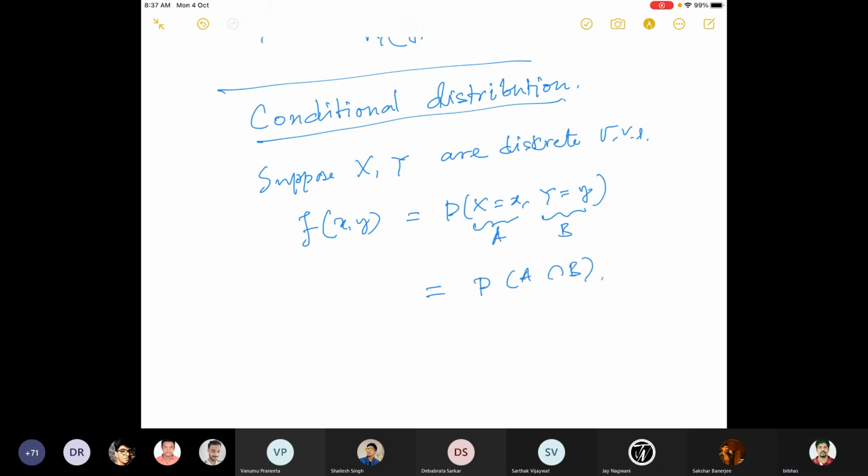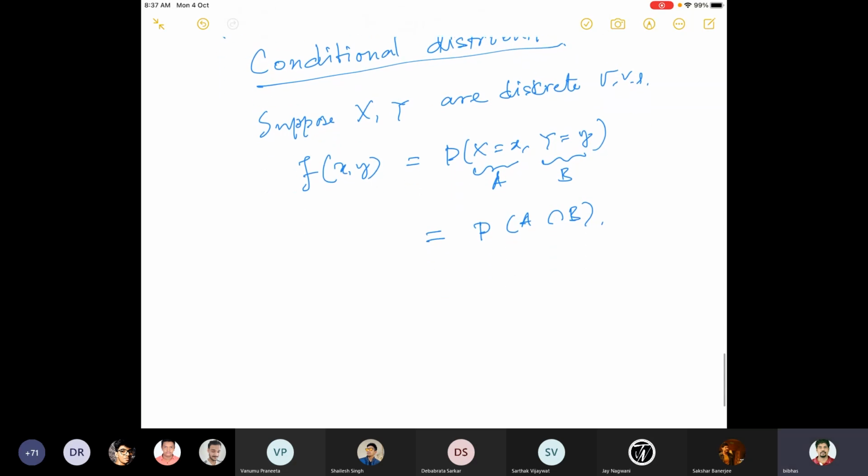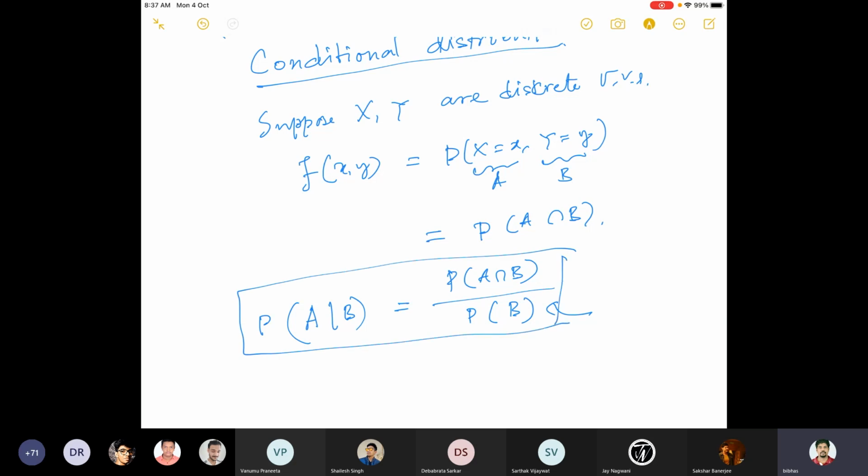Now, if you recall our definition of conditional probability, the probability of A given B for any two events is nothing but the probability of A and B divided by the probability of B, when it is non-zero. So the denominator has to be non-zero. This is the definition of conditional probability.